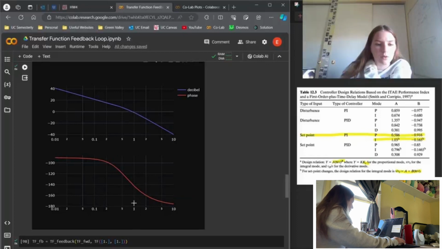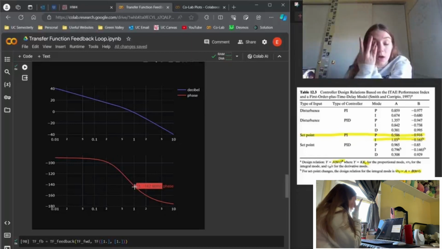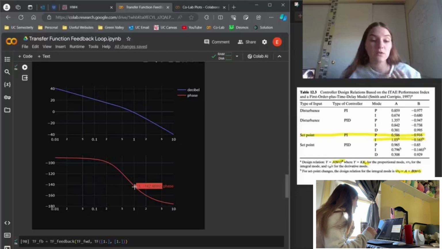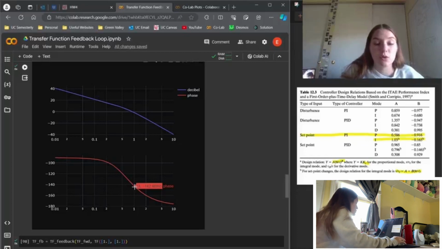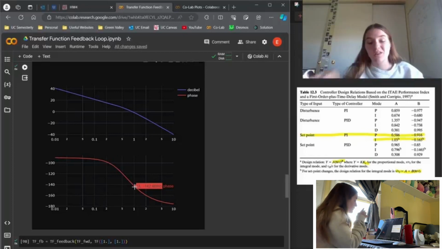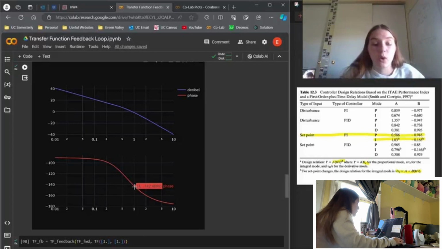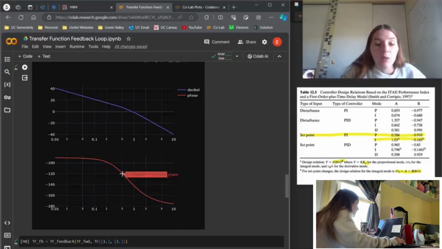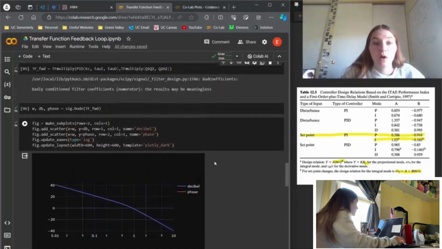So if we find 1 radian per second on our phase graph, we can see that our phase value is going to be around negative 140 degrees. So that means that we have a little under 40 degrees before our phase would cross 180. But I don't think it does in this case, so we are not at risk of our system becoming unstable.